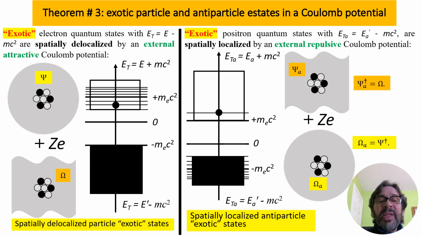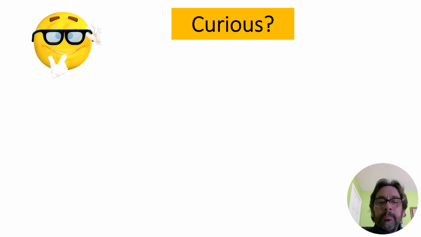If the Coulomb potential is attractive, the particle common states are spatially localized. But if the Coulomb potential is repulsive, then the antiparticle exotic states are spatially localized.